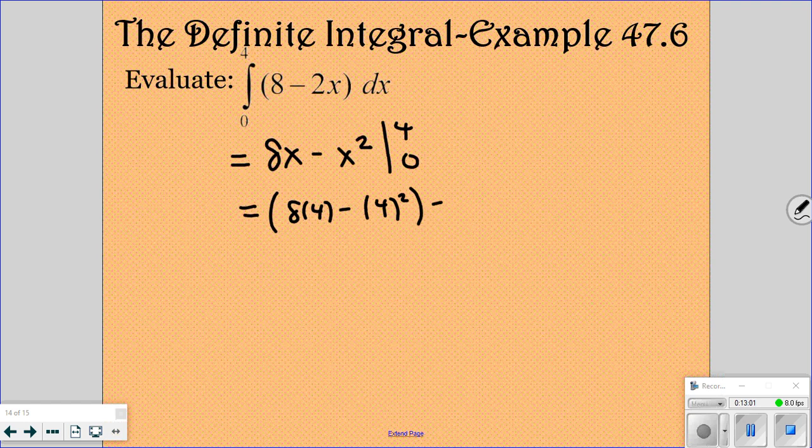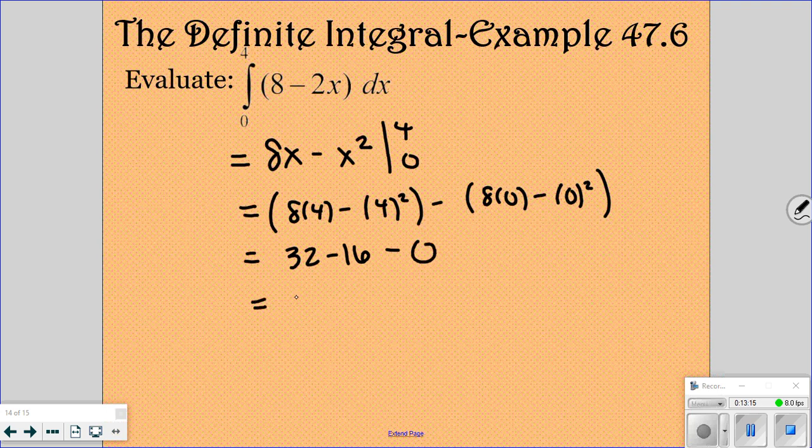And then when we plug in 0, we subtract it. So now you just simplify. So you get 32 minus 16, and then minus 0 is 0. So 32 minus 16 is 16. And so there's your answer. So that's how you do definite integrals. You just have to integrate and then plug in your upper limit, subtract, and plug in your lower limit.